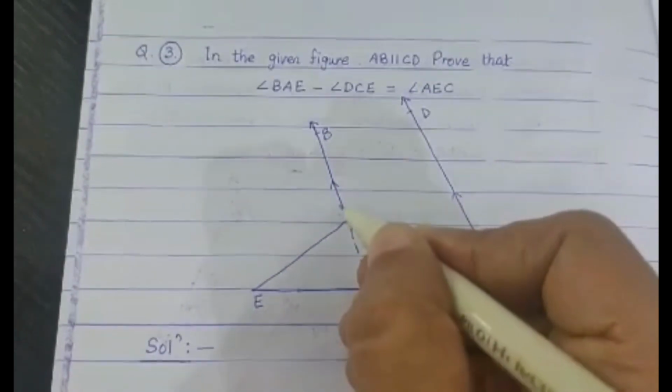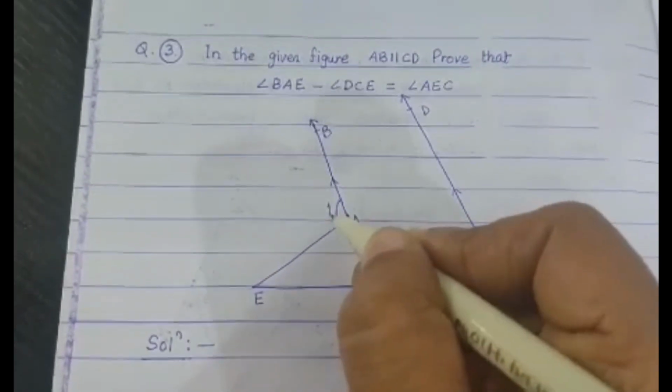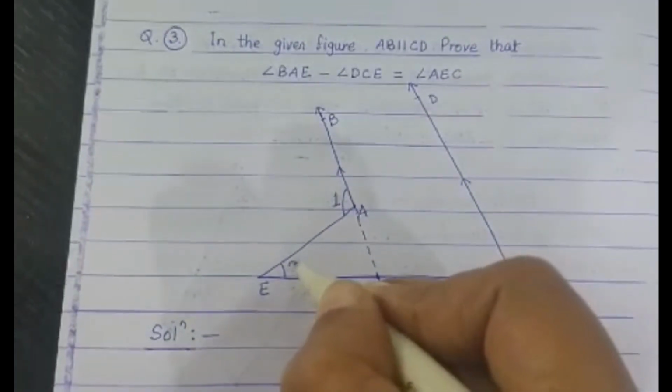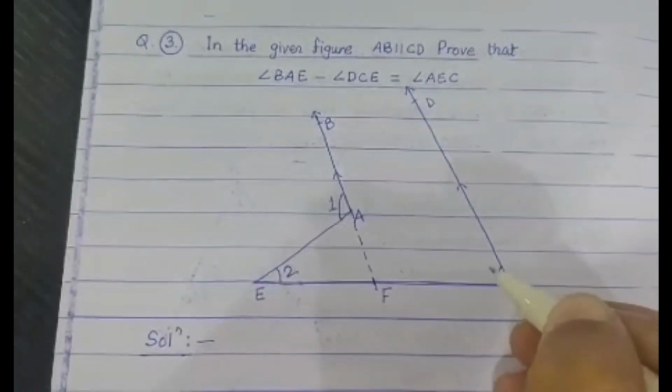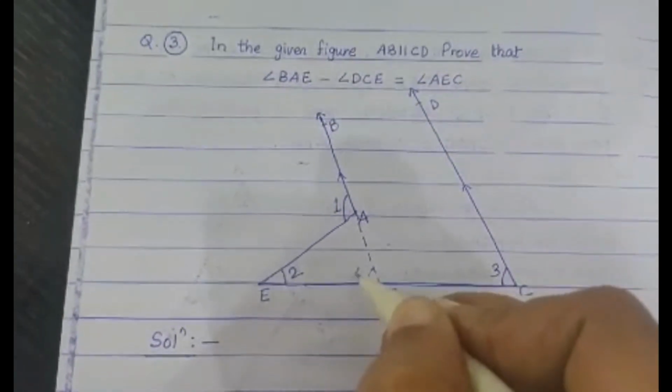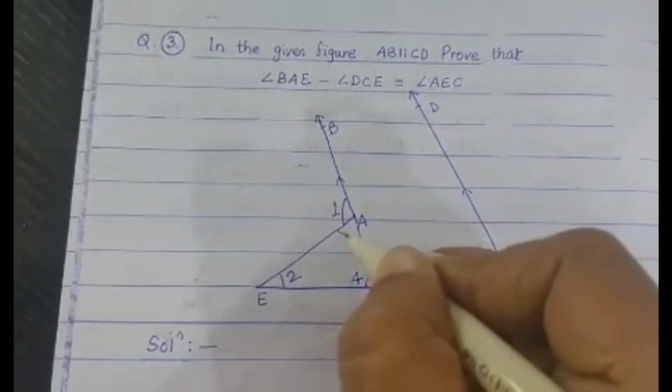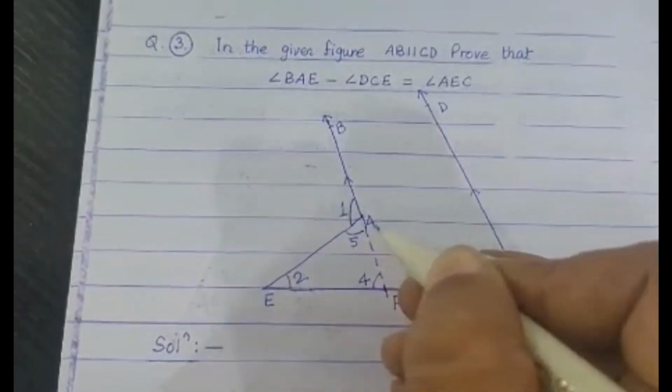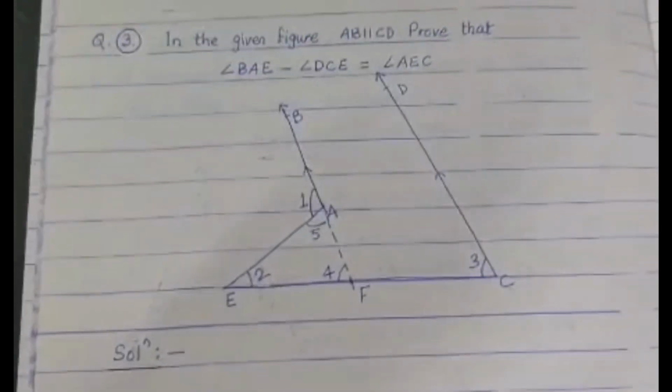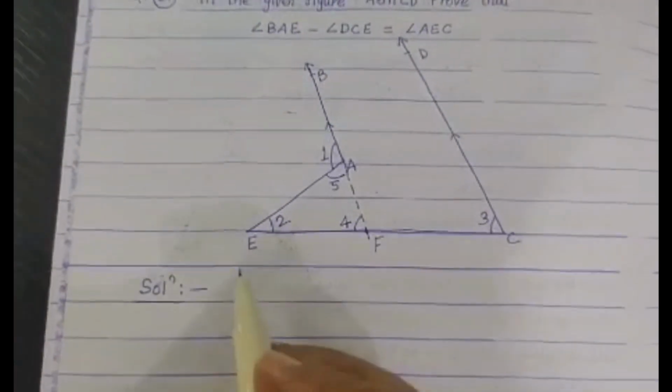Let us take this angle 1, let us take this angle 2, let us take this angle 3, let us take this angle 4, and let us take this angle 5. Okay, to avoid confusion, let us do these things.